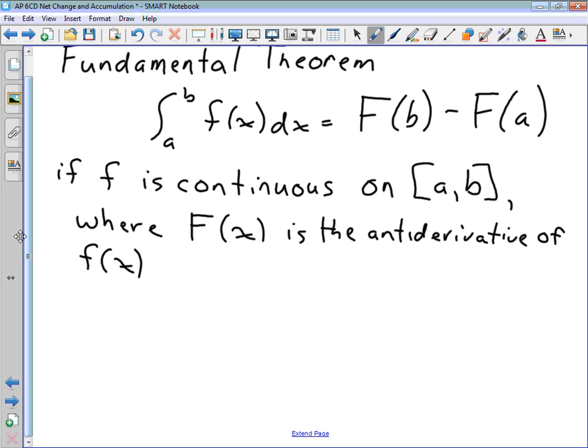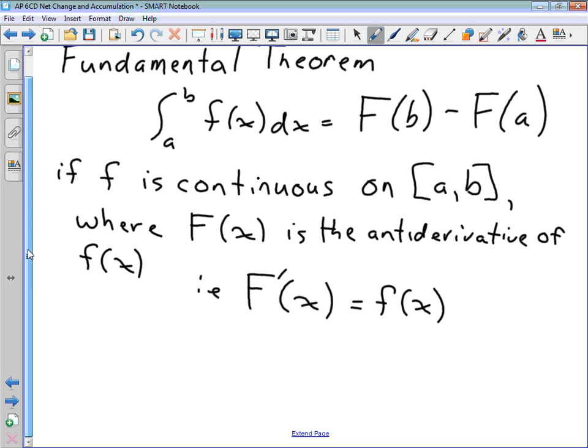So what does this actually mean here? I.e., if we take capital F at x, and we do the derivative of it, so capital F at x prime, we will get small letter f at x. And this is just what we mean by antiderivative here.